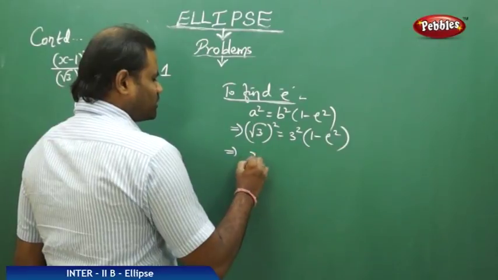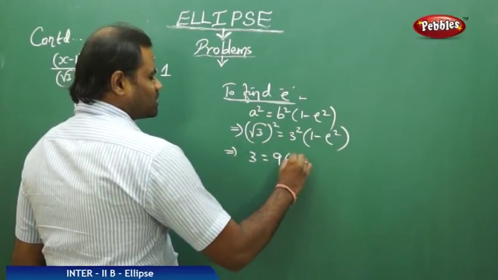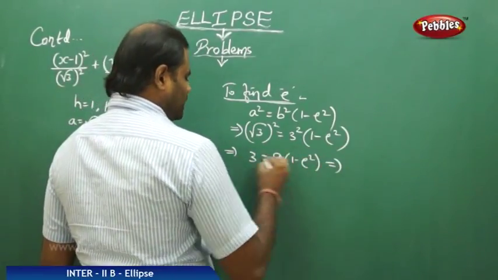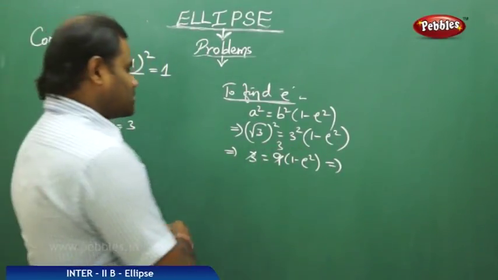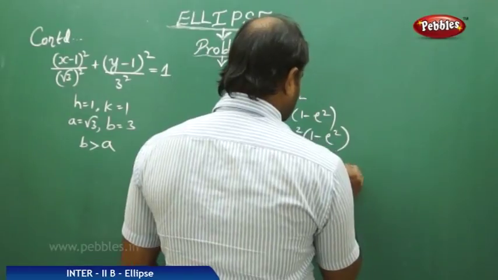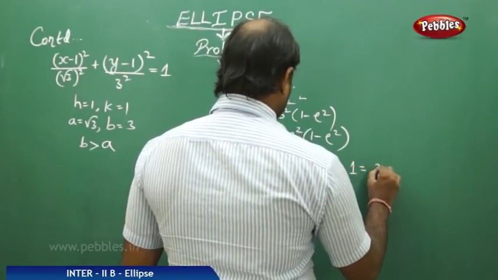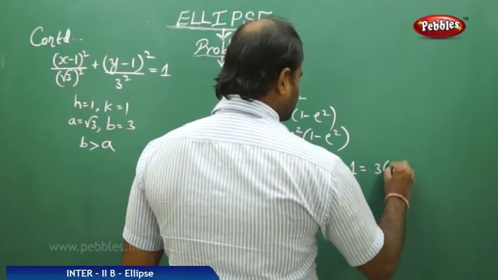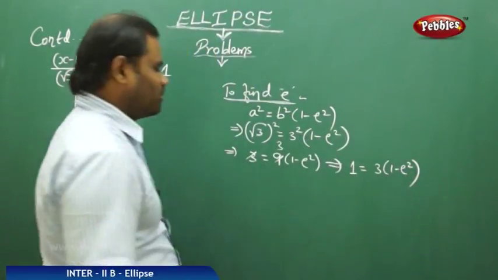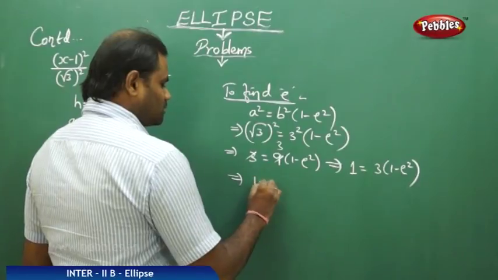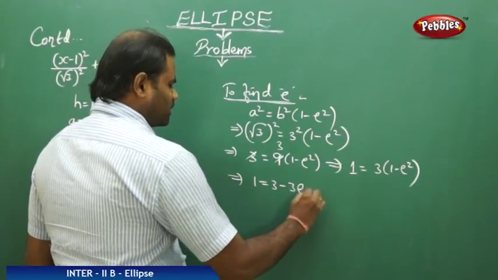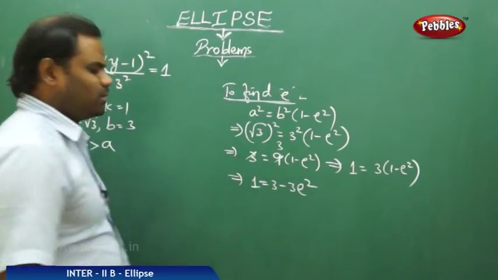So root 3 whole square is 3, and 3 square is 9, so 3 and 9 get cancelled 3 times, and I get 1 equals 3 times (1 minus e square), which on further simplification gives 1 equals 3 minus 3e squared.